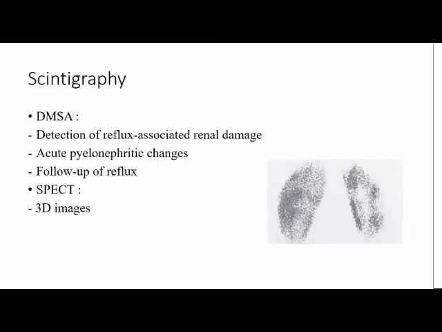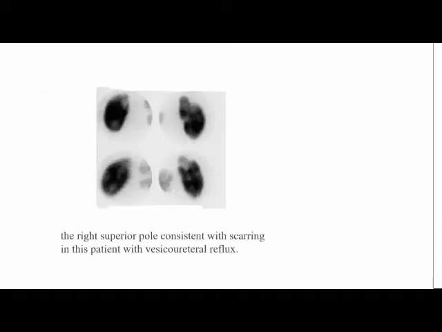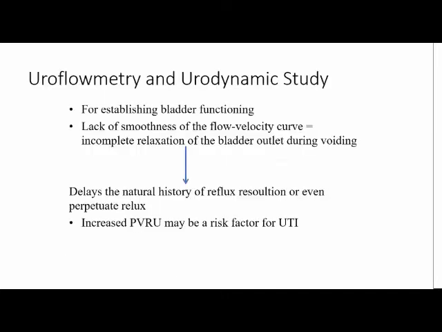Scintigraphy DMSA can be done to detect the reflux-associated renal damage, acute pyelonephritic changes, and for follow-up of the reflux. This is the image showing right superior pole scarring in case of VUR. Coming to uroflowmetry and urodynamic study, it is to establish the bladder functioning.